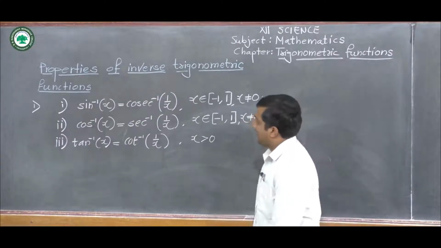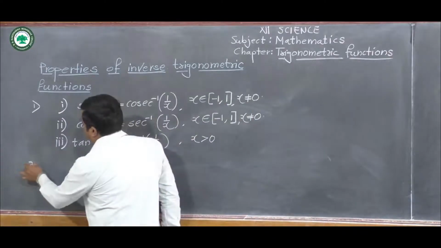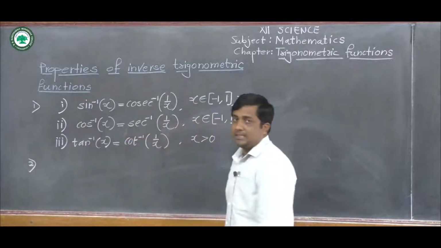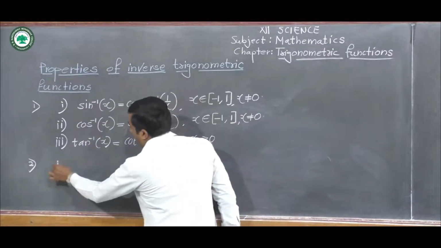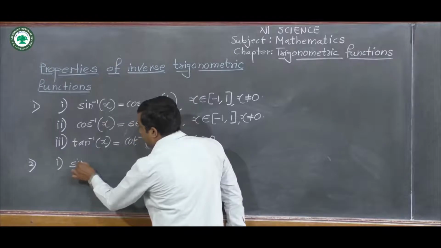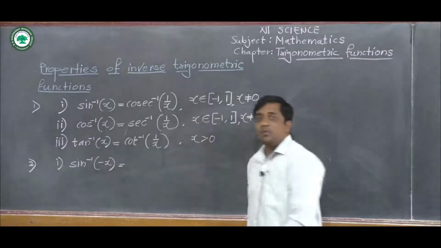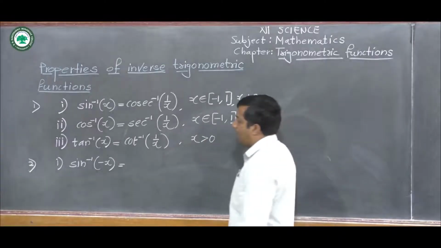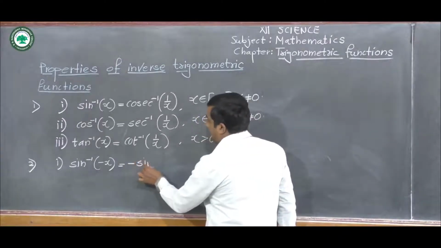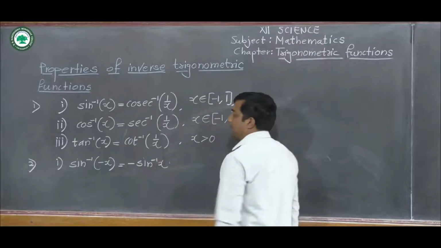So this is our first property, a very important property. Let's go with our second property. In that, in the first we consider sine inverse of minus x. Sine inverse of minus x is always minus sine inverse of x. Remember this.